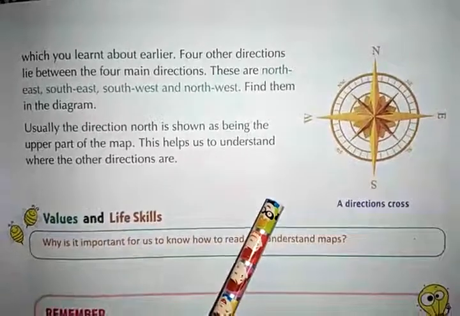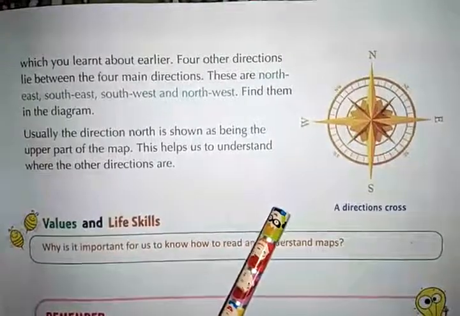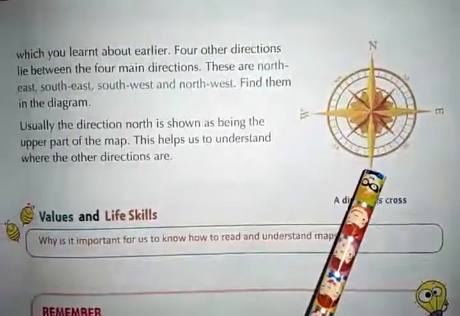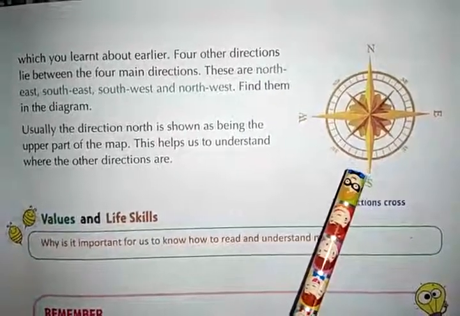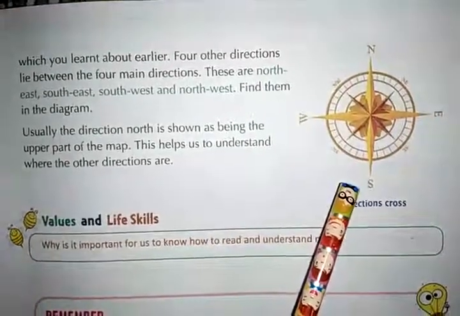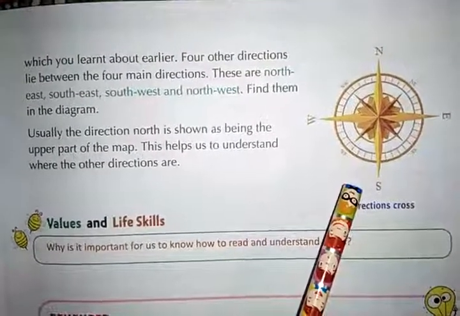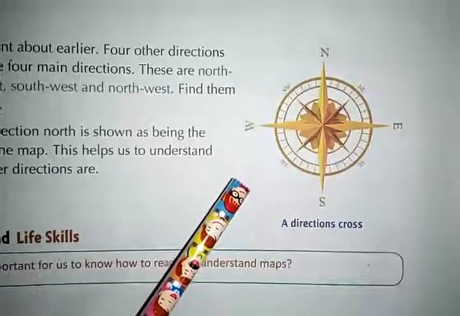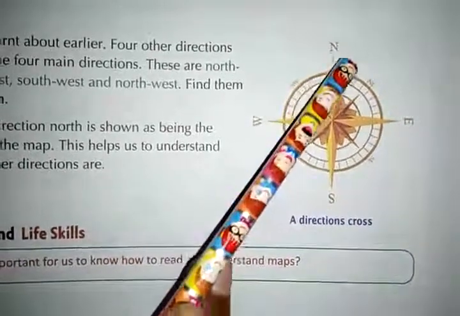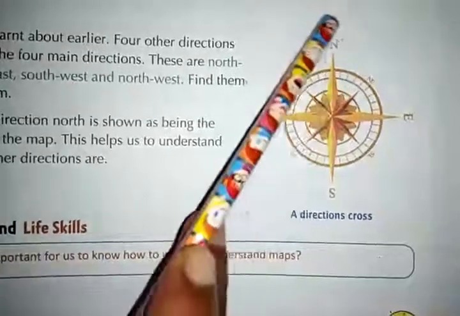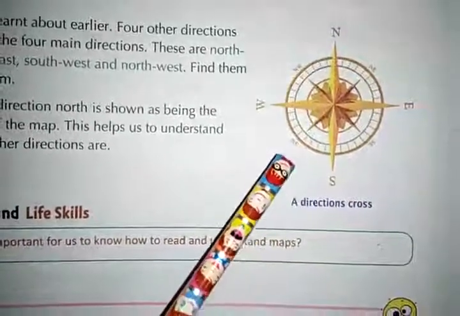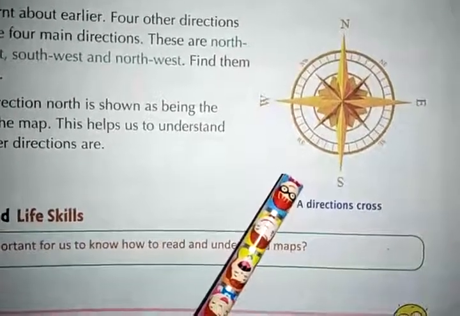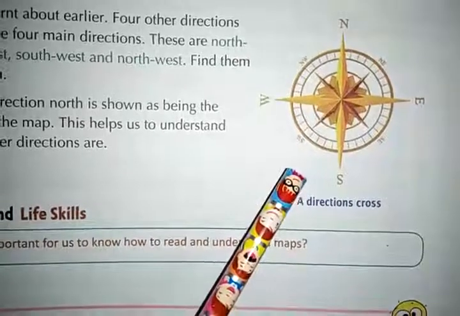Children, usually in maps, this north direction is shown, which shows the upper part of the map. In many maps, you may see only the north direction, and with the help of this north direction, you will be able to find the other three main directions.